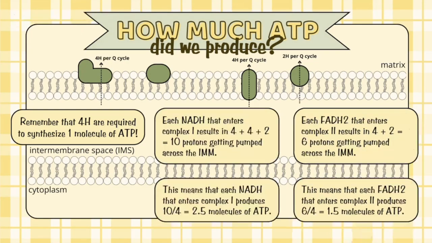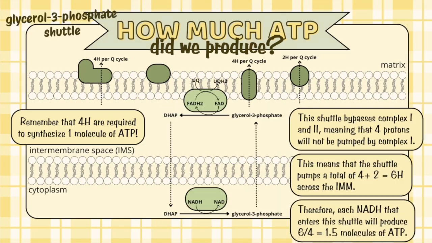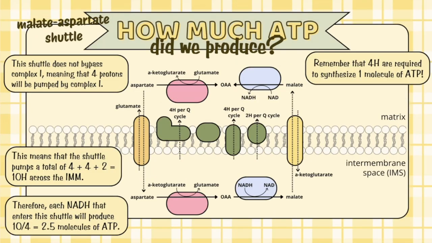We can give NADH electrons to a carrier that can cross the inner mitochondrial membrane. We have 2 shuttles, which are basically 2 methods by which we do this: the glycerol 3-phosphate shuttle and the malate aspartate shuttle.